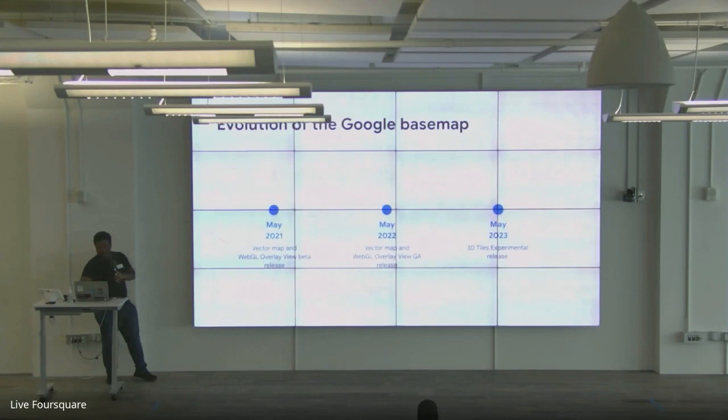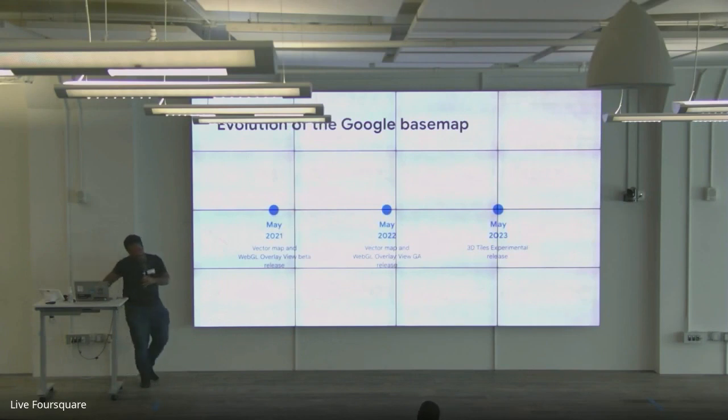Over the past couple of years, there's been a lot of improvements, particularly on our web-based map offering to developers, starting from bringing vector map experience to web developers, to including WebGL overlay in that offering, all the way to our experimental release of our photorealistic 3D tile data.